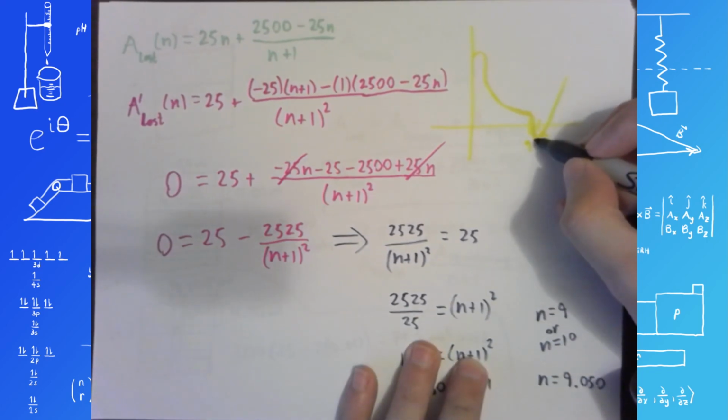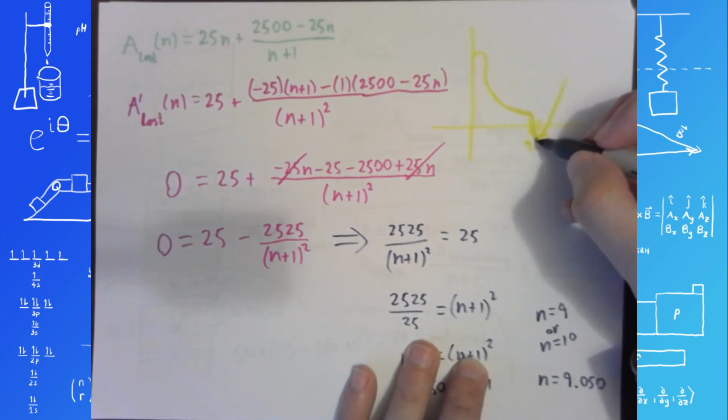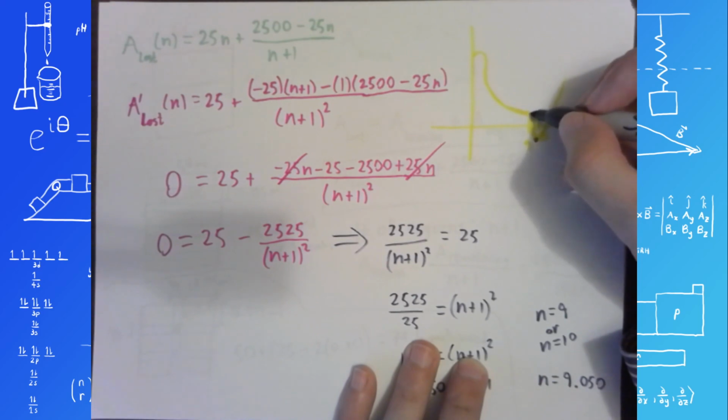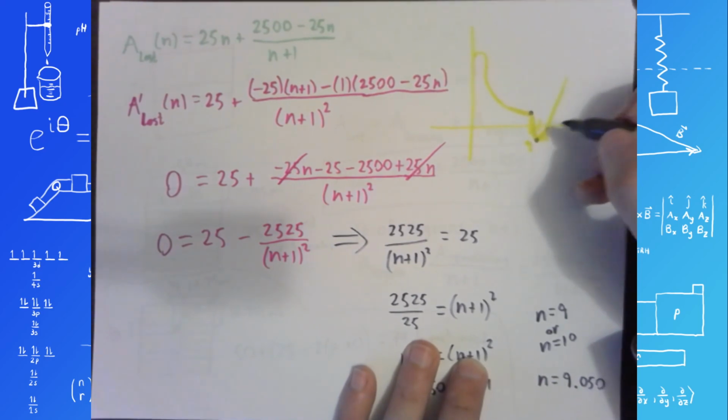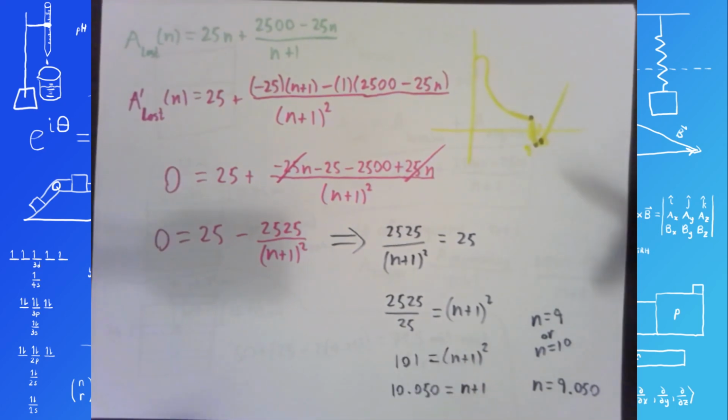And let's say this point over here is your minimum, your 9.05, and you think, oh, well, since 9.05 is closest to 9, then the minimum must be at 9, when in reality, if you had gone to 10, you would have gotten this value, which is a lot closer to the actual minimum.